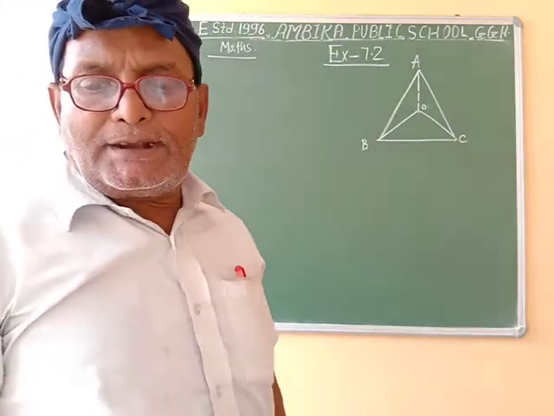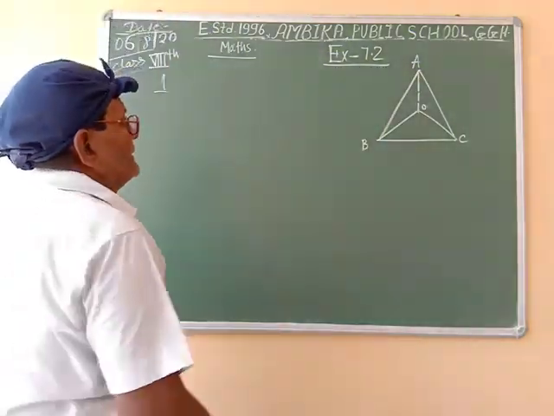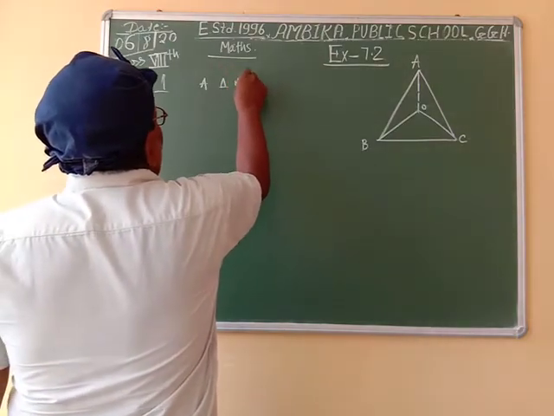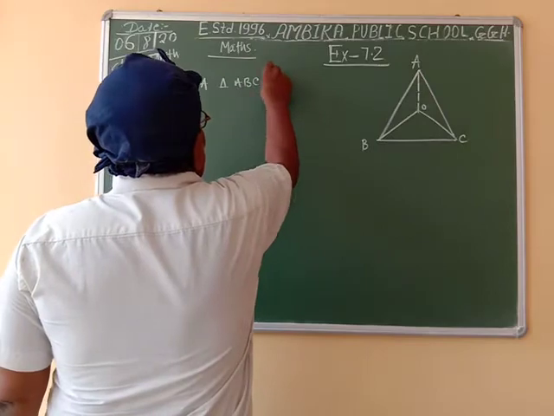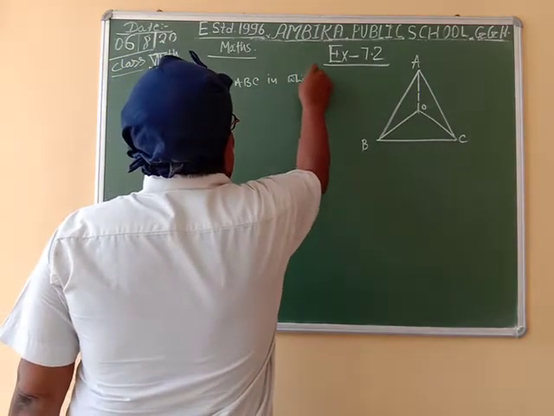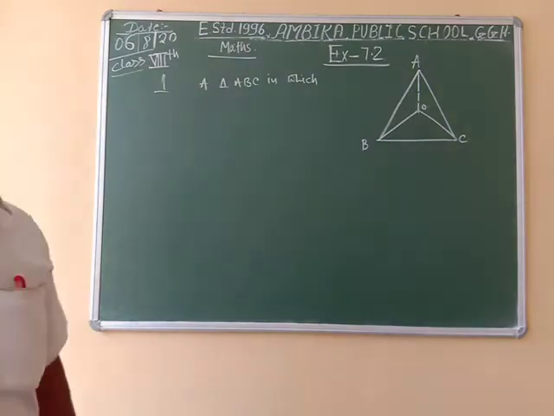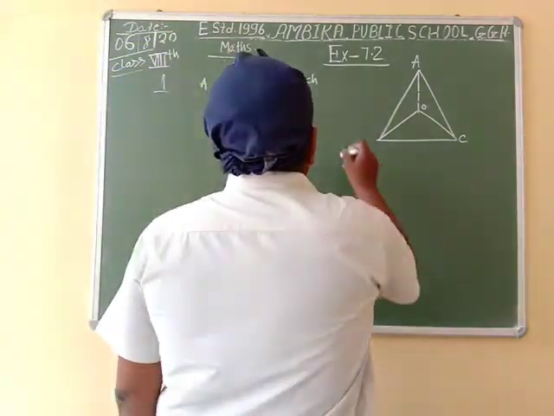The triangle is isosceles. A triangle ABC in which AB is equal to AC.